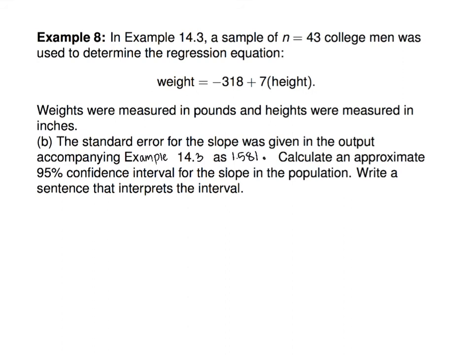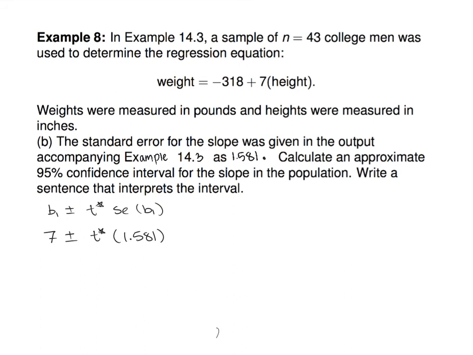Okay, so first of all, we have that the confidence interval is given by B1 plus or minus T star times standard error of B1. And B1 is the slope, which in this case is 7. Plus or minus, we'll figure out T star in a sec. We're told standard error is given as 1.581.